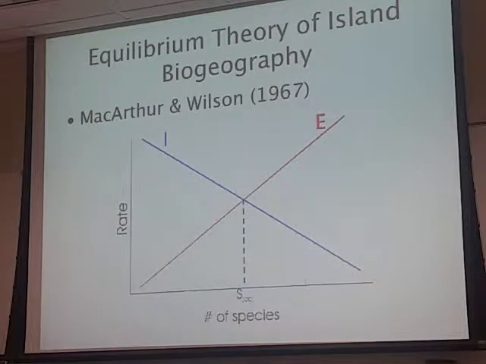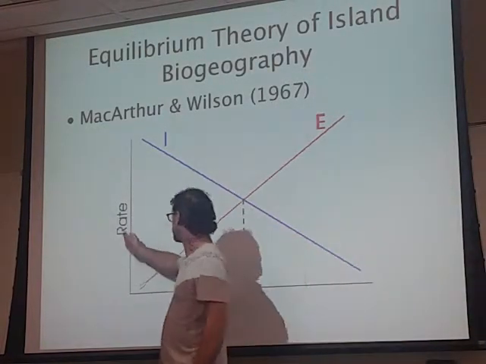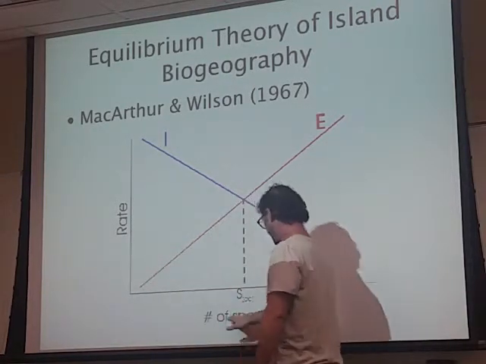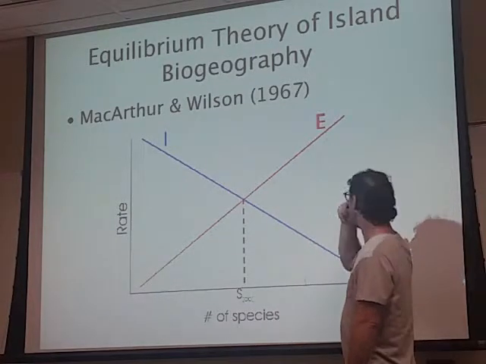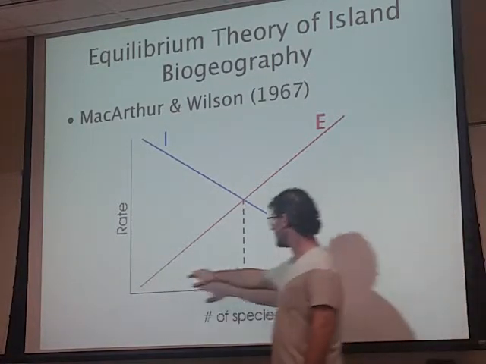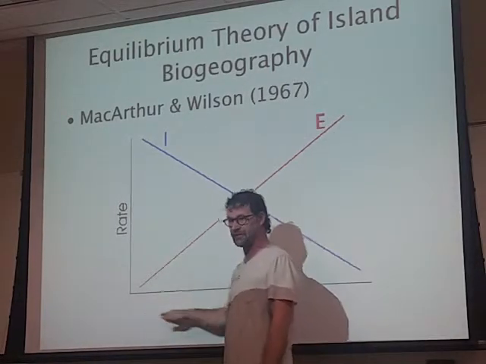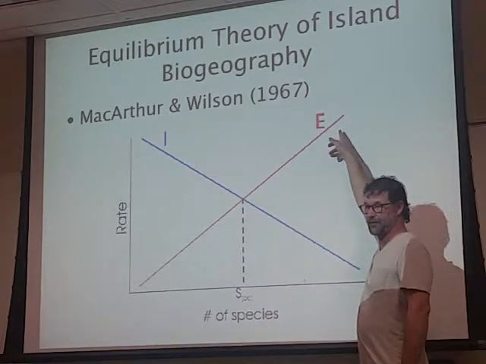Looking at equilibrium, if you plot the rate of these two processes, immigration and extinction, against the number of species, they're going to tend to run opposite. So extinction: as you get more species, you're going to end up with a higher rate of extinction.